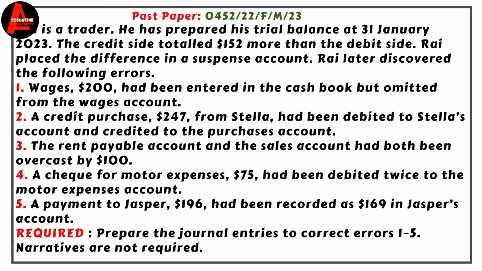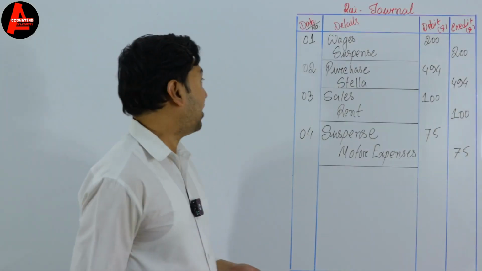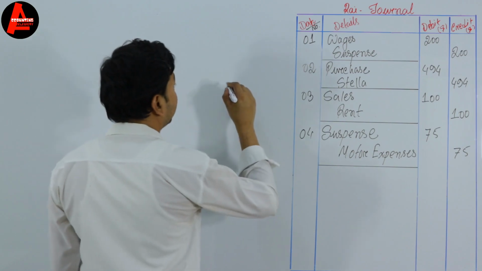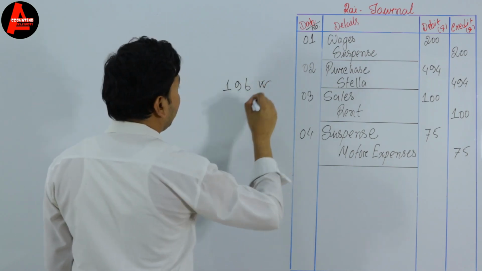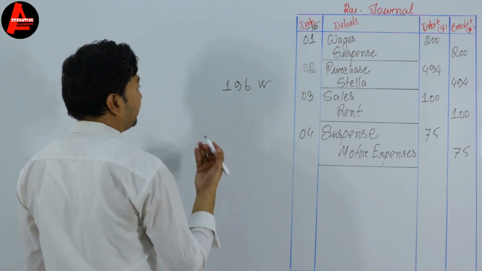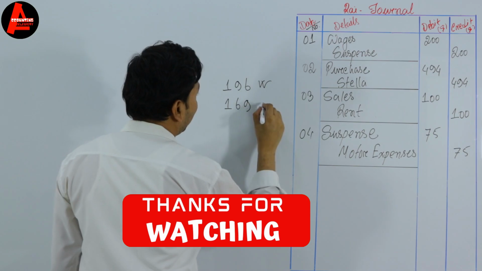Our next transaction is here number 5, the last one. A payment to Jasper $196 had been recorded as $169 in Jasper's account. So mistake in writing the amount. Correct amount was 196. Yeah, but mistakenly this amount is written as 169.